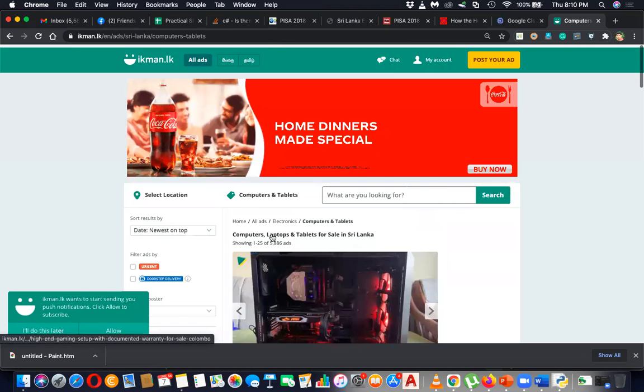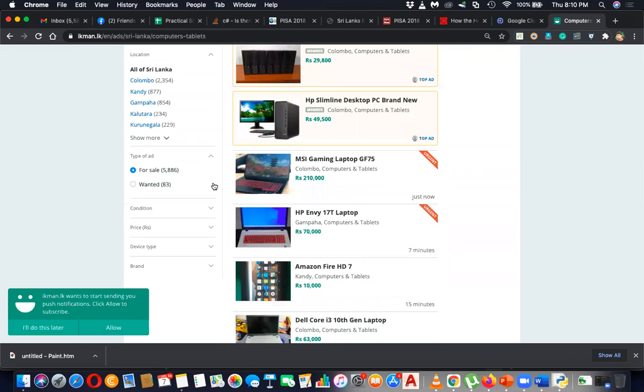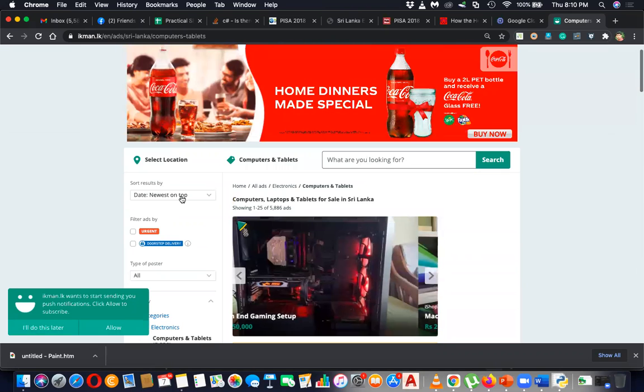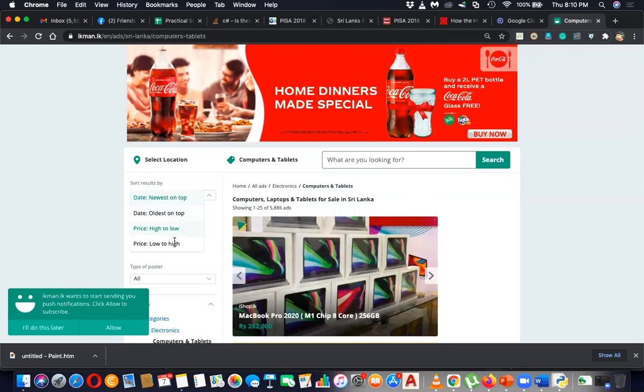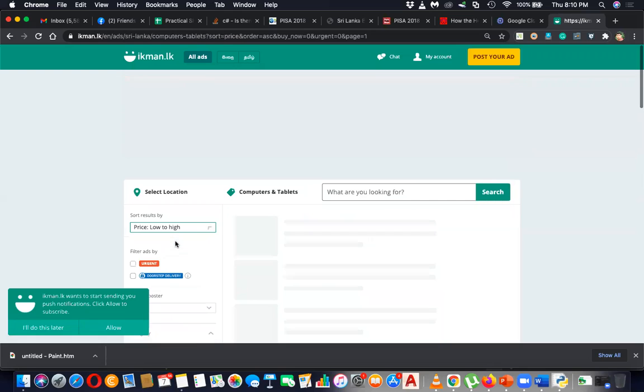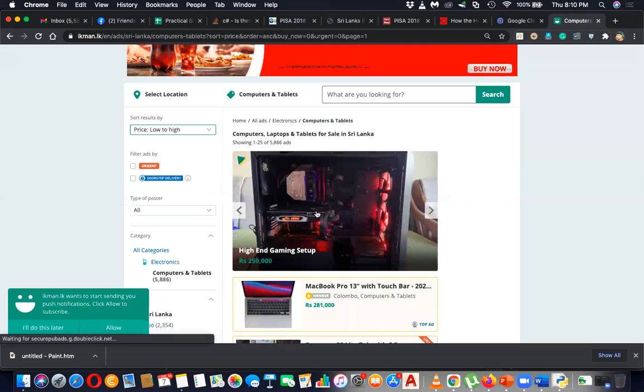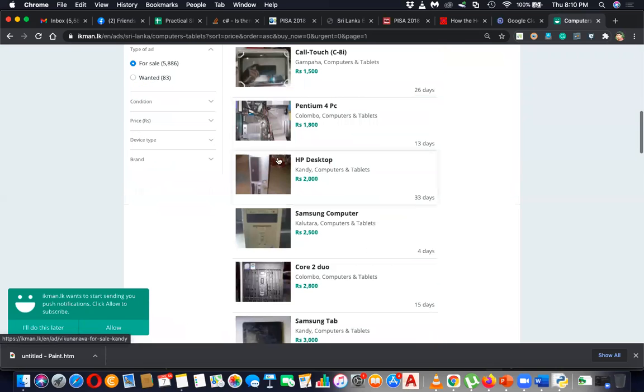Okay, still I'm not getting the exact results. But let's sort by lowest to highest price. So this is an HP desktop. What is the price? Can you see? It's only 2,000 rupees. Yes, a Pentium 4 computer. Pentium 4 means single core.